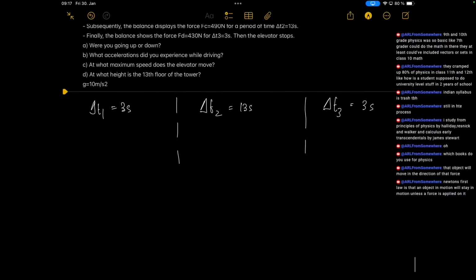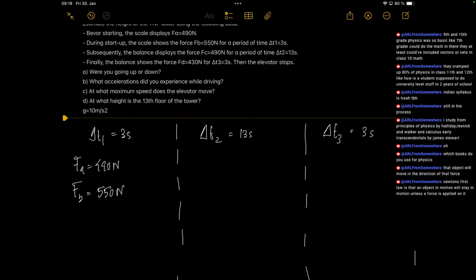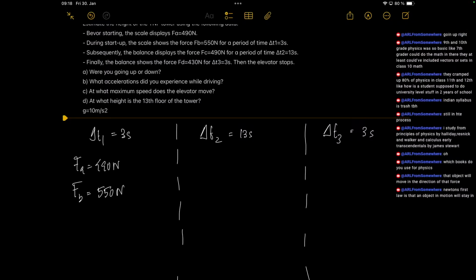3 seconds, okay. Come on, come on. F of P equals 550 Newton. Oh shit, I forgot how to start this. Were you going up or down?